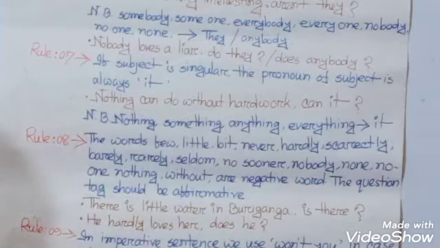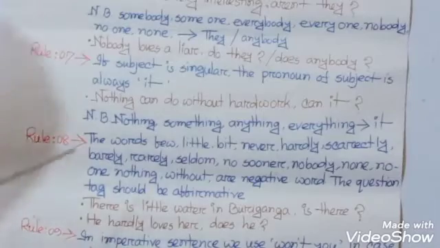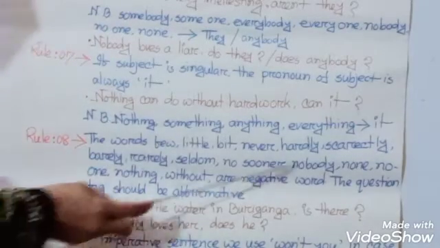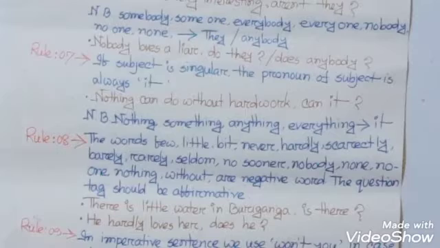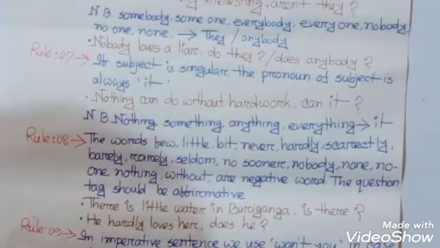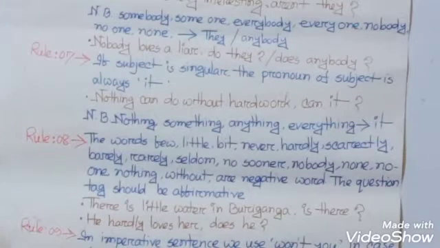Though these words haven't any no or not in them, the meaning gives negative. That's why if any sentence has such a word, we regard that sentence as negative. So the question tag must be positive.